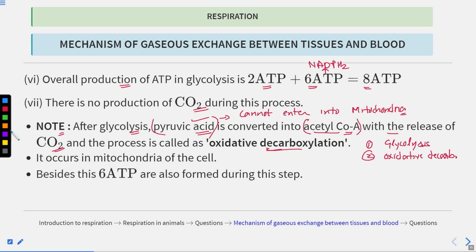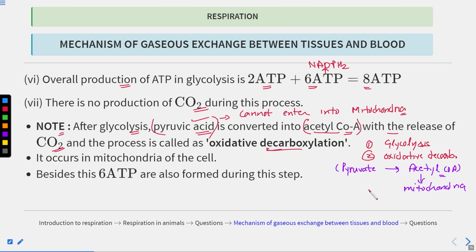So during oxidative decarboxylation, what happens? The pyruvic acid, also known as pyruvate, is converted into acetyl coenzyme A. And this acetyl coenzyme A can now enter the mitochondria, and it will take part in the Krebs cycle. Clear? So this process is known as oxidative decarboxylation.